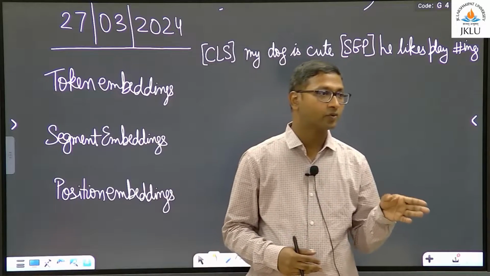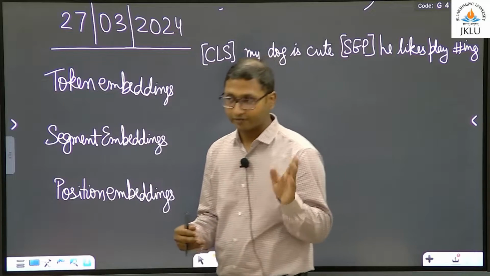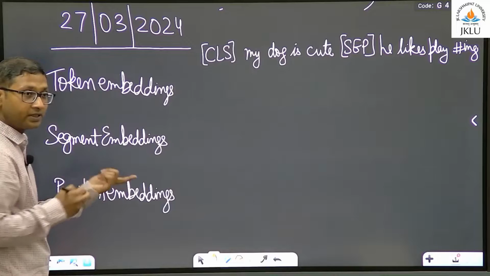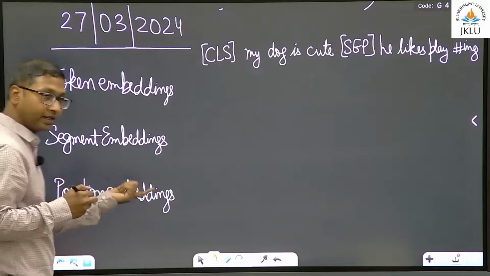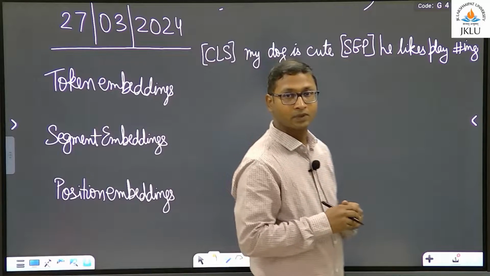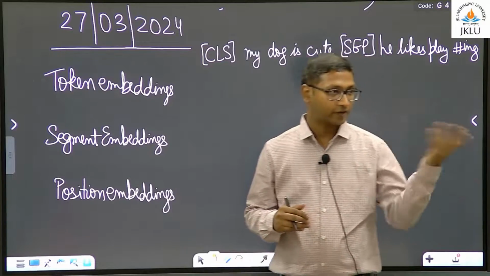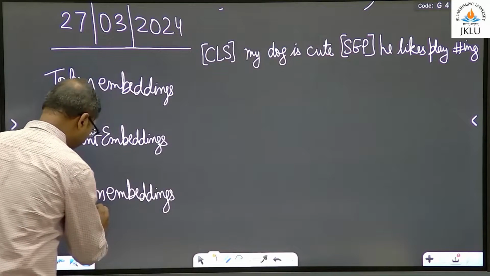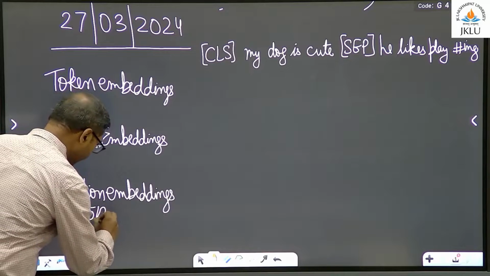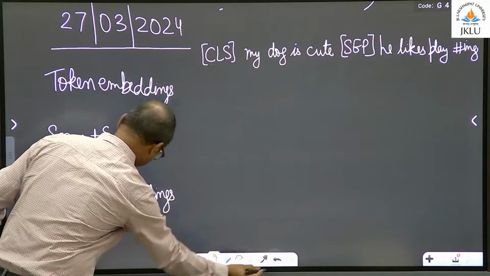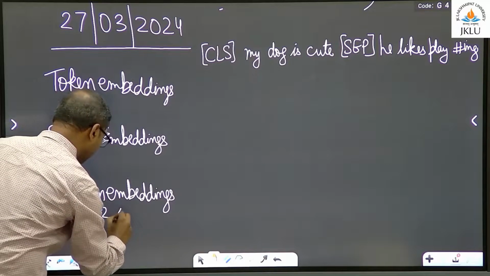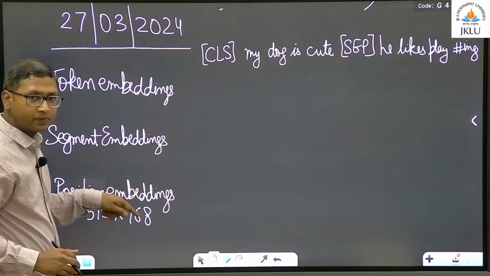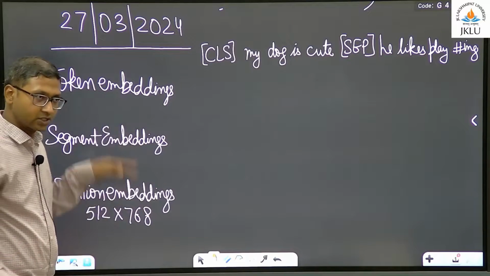What is capital T for BERT? 512. Okay. So you have 512 position embeddings. What will be the size of my position embedding matrix here? 768 cross 512 or 512 cross 768, whichever way you put it. So this will be 512 cross 768. Let us always keep 768 as the second dimension, just because we have written it this way here.